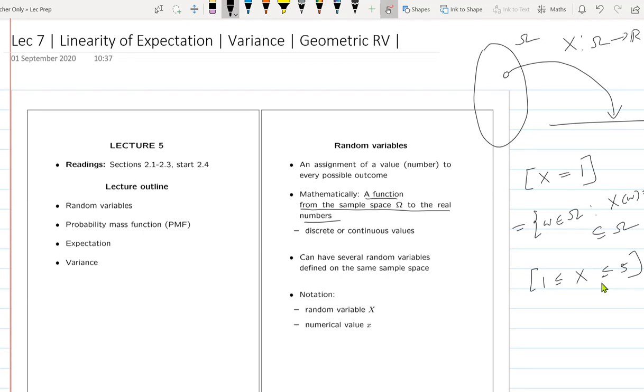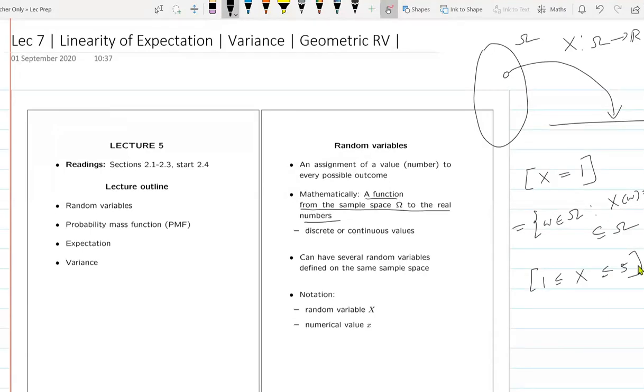This is the event that the number of times 3 came up is between 1 and 5. And we also looked at the binomial probability distribution. We will see it again in the next slide.